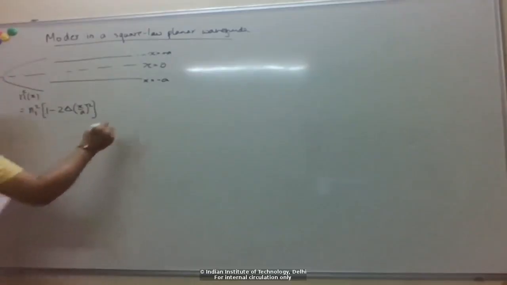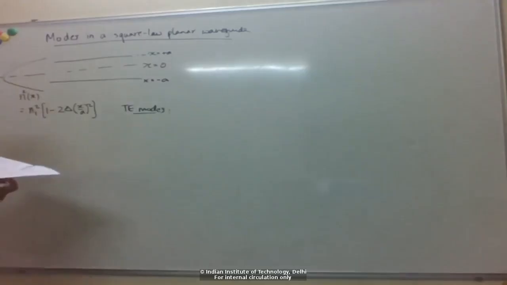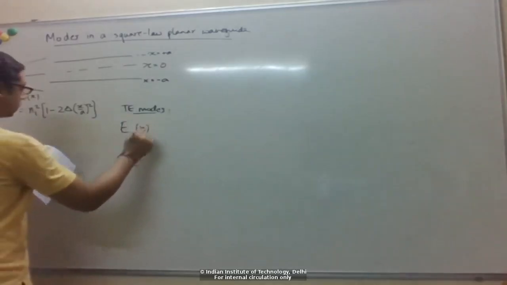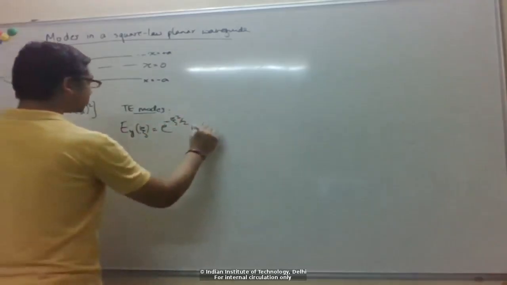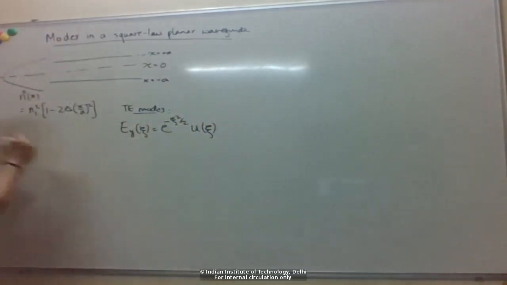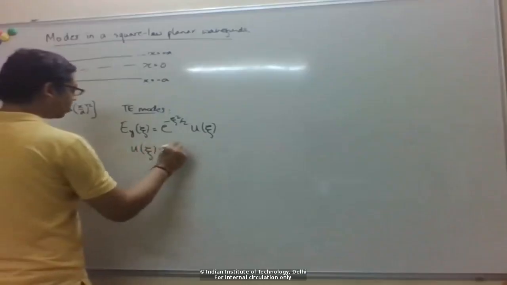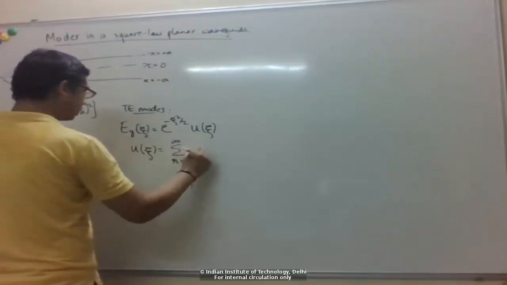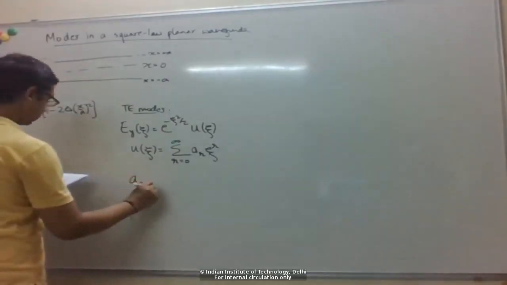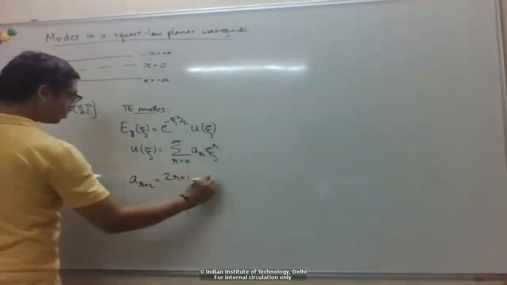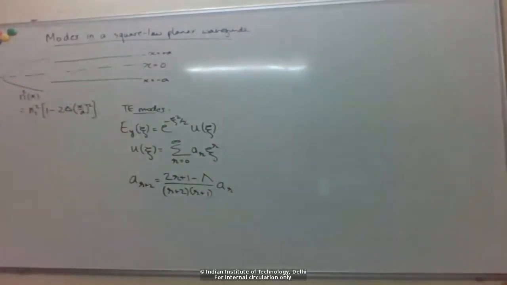So, for example, we said that for the TE modes the solutions will look something like this: E_y will be a Gaussian function times another function u. And this u of psi we wrote down as a power series, and then found these recursion relations between the coefficients.